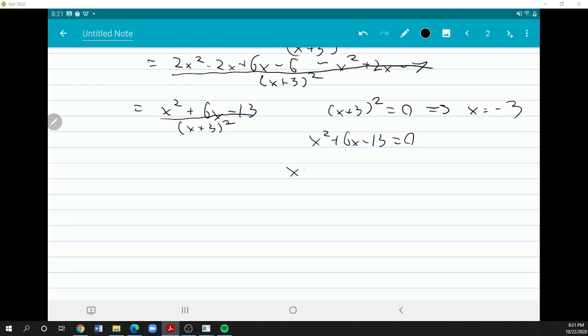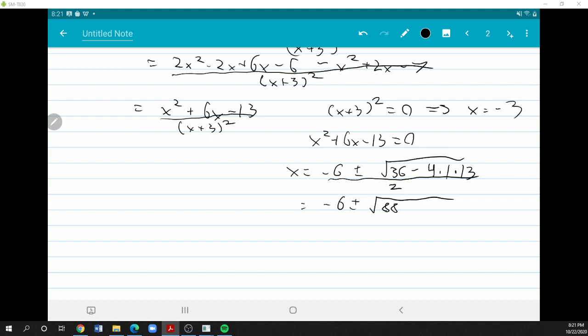In which case, again, using the quadratic formula, we get x equals minus 6 plus or minus root of 36 minus 4 times 1 times minus 13, otherwise known as plus 52, over 2, equals minus 6 plus or minus the square root of 88 over 2. So now I'm going to use my calculator. The minus root is definitely not good because that's not in the interval.